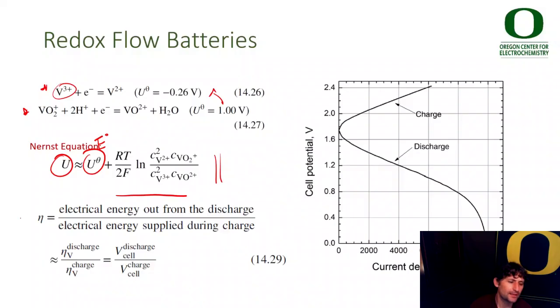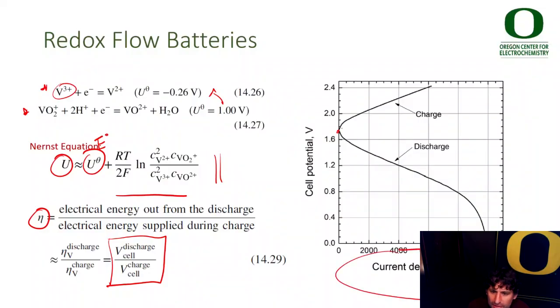And here's our activity term, with, in this case, concentrations used instead of activities, assuming a standard state concentration of 1 molar. The total efficiency of a flow battery is the energy out from a discharge divided by the electrical energy supplied during charge. And if the Faradaic efficiency is close to 1, that's the ratio of the discharge voltage and the charge voltage. And so you can see here, the ratio depends on how hard you push it.